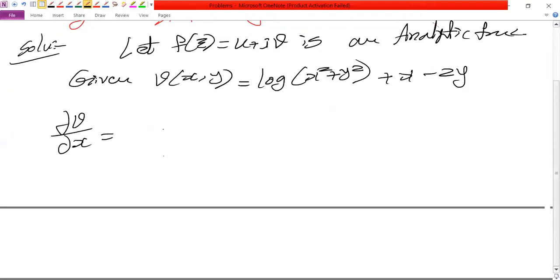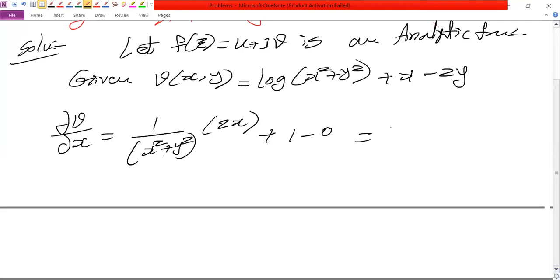What's the differentiation of log of x square plus y square? 1 by x square plus y square into differentiation of x square plus y square with respect to x partially, treating y constant. We'll get simply 2x, plus differentiation of x with respect to x is 1, minus 0. So finally dou v by dou x is equals to 2x by x square plus y square, plus 1.